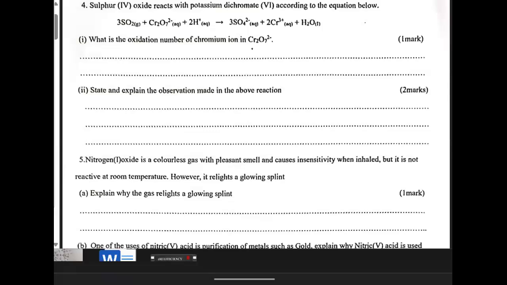PbO for lead oxide, NaOH for sodium hydroxide. Then you put an arrow. The product is Na2PbO2, then plus H2O. And then a 2 in front of sodium hydroxide to balance the equation.